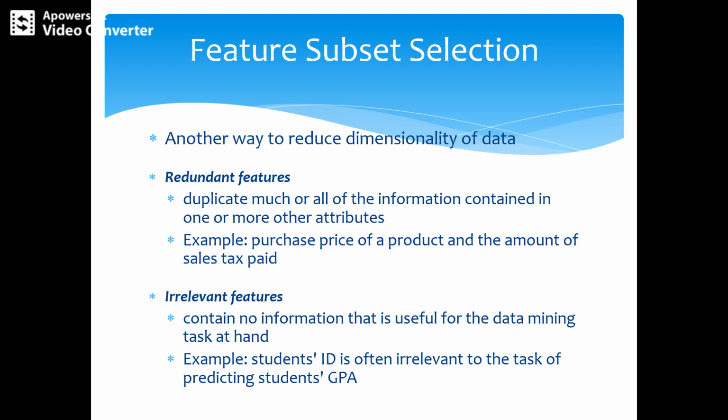For example, the student ID is often irrelevant to the task of predicting a student's grade point average. The student ID is not required; the university number is enough to find the grade point average for a particular student.